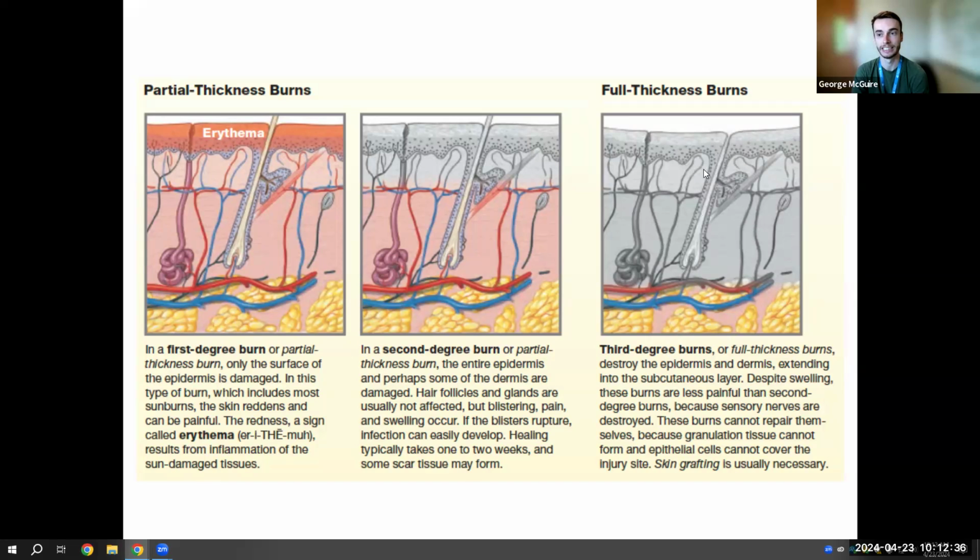And although this is the most extensive damage and is going to require the most repair, or in a lot of cases is impossible for the body to repair on its own, this is also likely the least painful of the three, because all of the nerve endings that were there to provide the sensation of pain have been damaged and destroyed. So a third degree burn could even go unnoticed if you weren't aware of what happened, potentially, because all those nerve endings are gone. So this is the least painful, but the most damaging and hardest to repair.